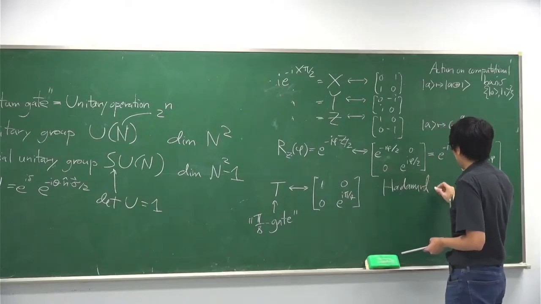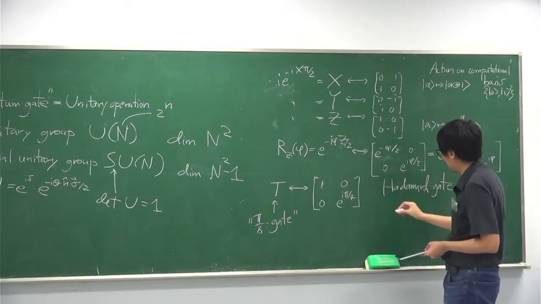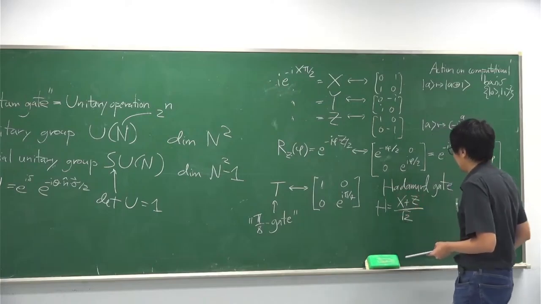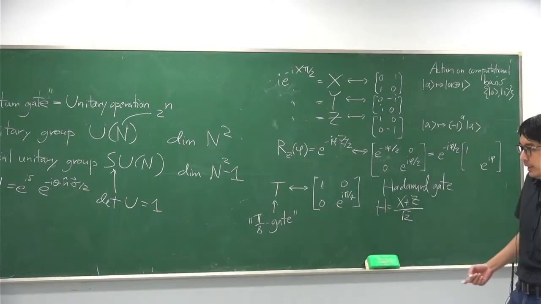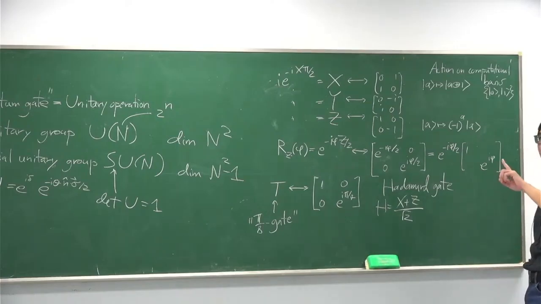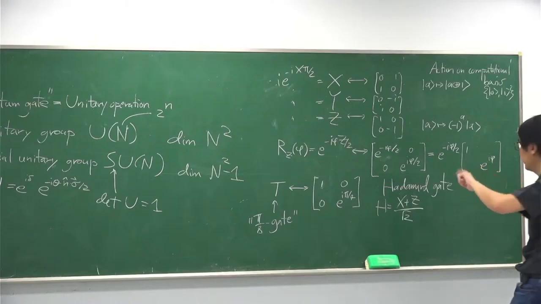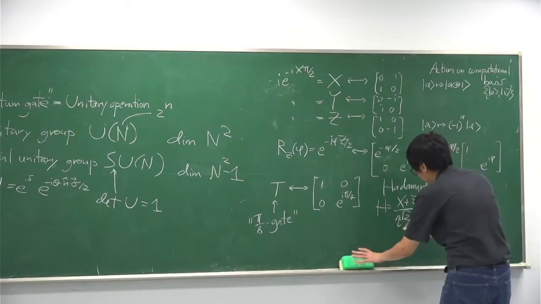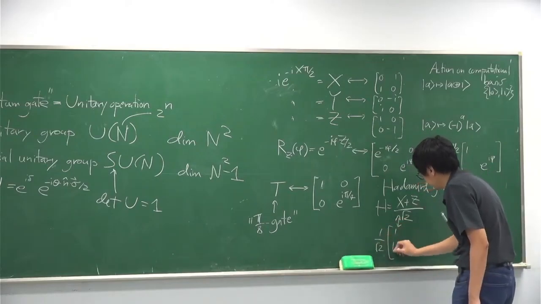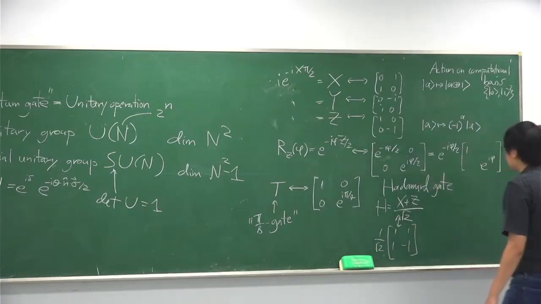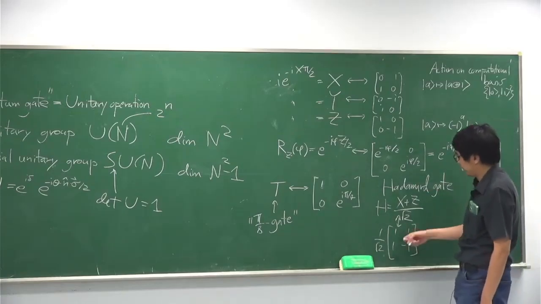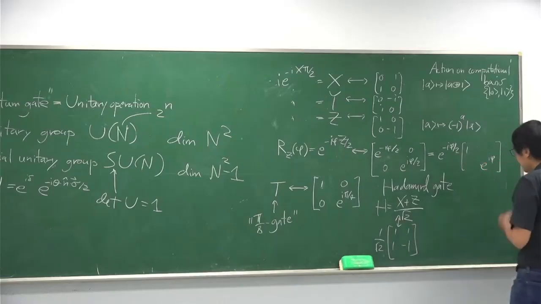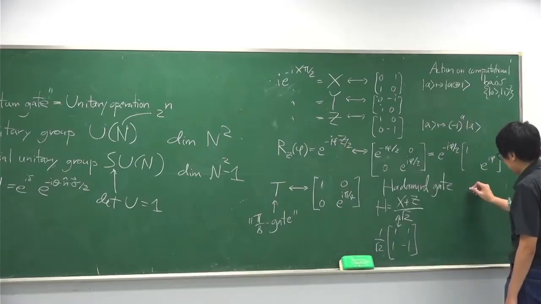The Hadamard gate that you have worked out in the homework, right? This is a pi rotation about the direction that's in between X and Z. It is of course a unitary matrix because the two columns are orthonormal.